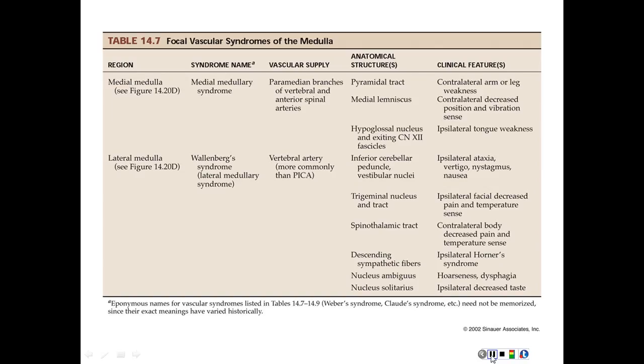Why don't we actually look at what's wrong and make sure we agree that these structures would actually be in the lateral medulla? So the individual is going to have a bit of uneasiness, that's ataxia. They're going to have some vertigo, dizziness, and nausea.